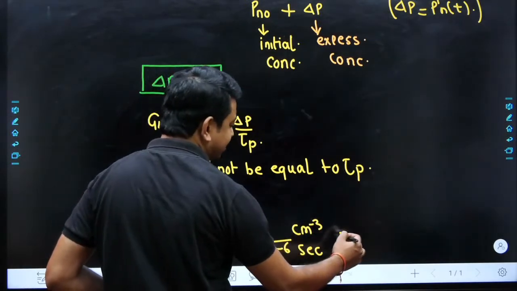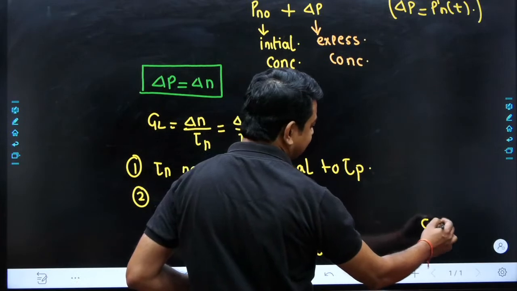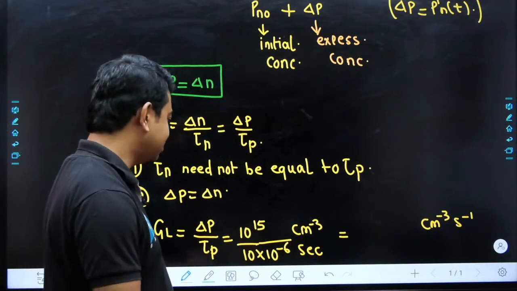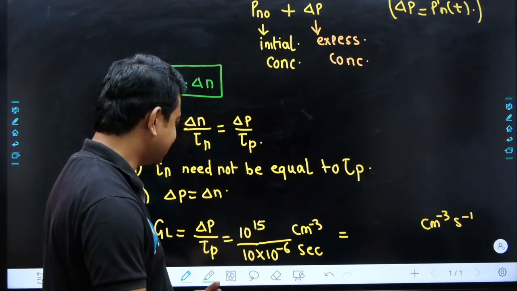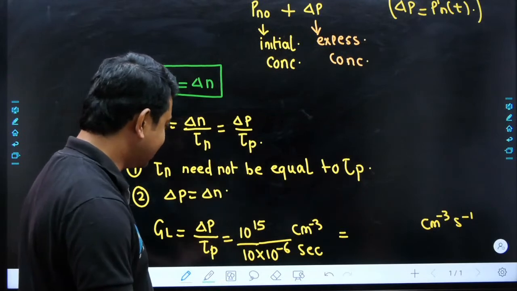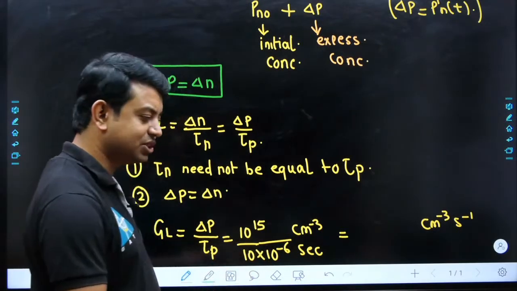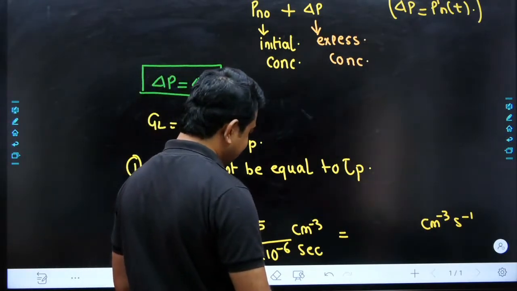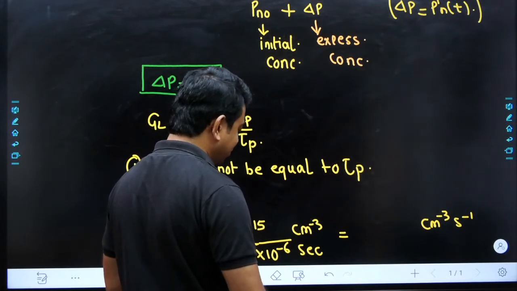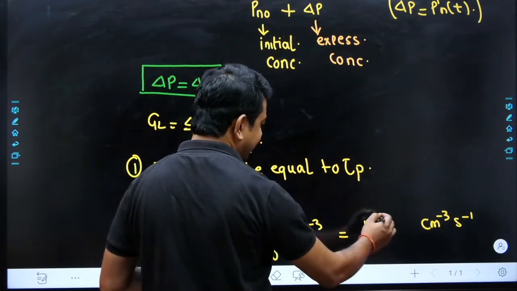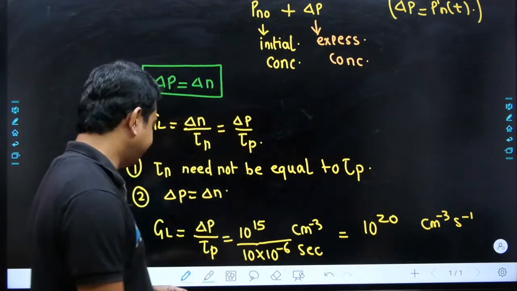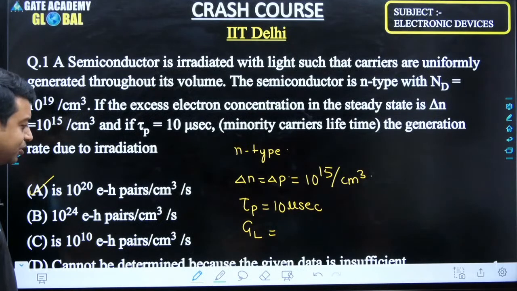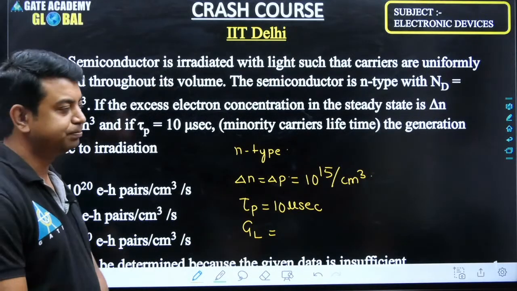The unit is per centimeter cube per second, which is the unit of generation rate. 10 to the power 15 divided by 10 to the power minus 5 becomes 10 to the power of 20 per centimeter cube per second, and this is the correct answer: 10 to the power of 20 electron hole pairs per centimeter cube per second.